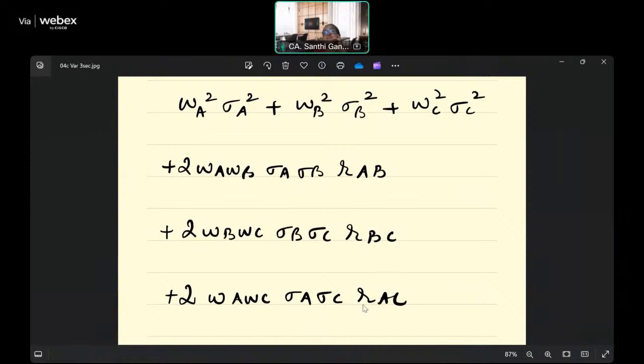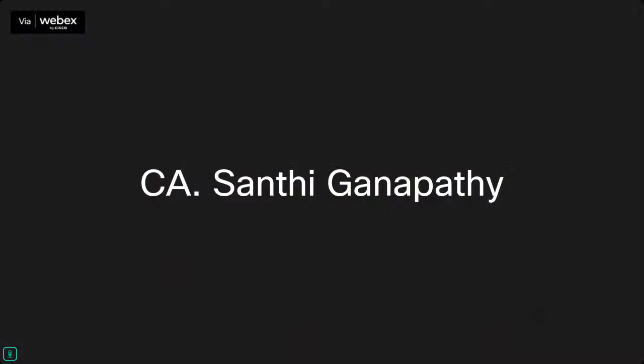Again, for the standard deviation we should take the square root. Up to this, are you okay? Is it clear? Is there any doubt in this?